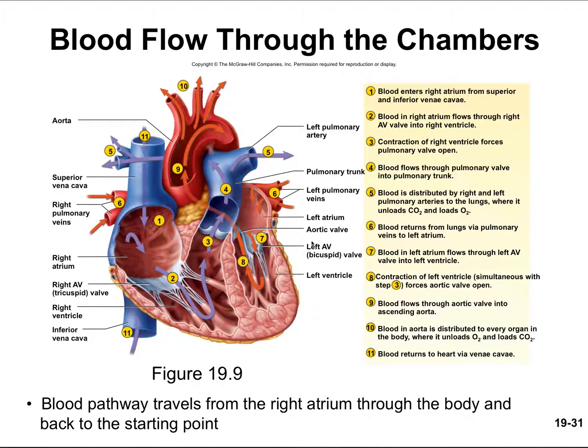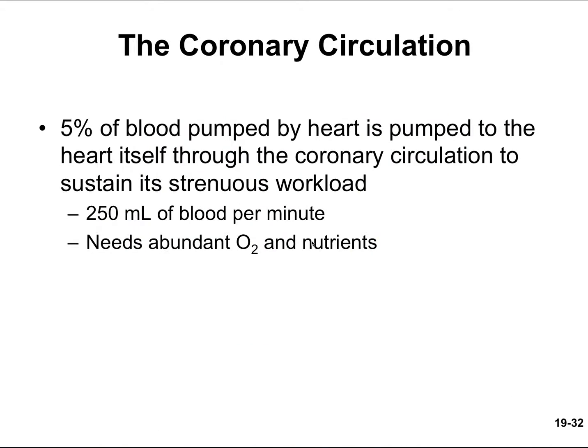And the contraction of the left ventricle, along with the contraction of the right ventricle, forces the aortic valve open. Blood flows through the aortic valve into the aorta. The blood in the aorta is distributed to every organ in the body, where it unloads O2 and loads CO2.